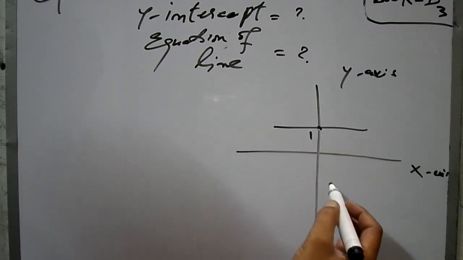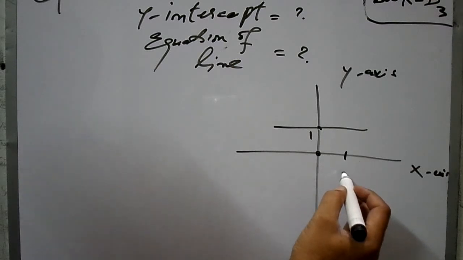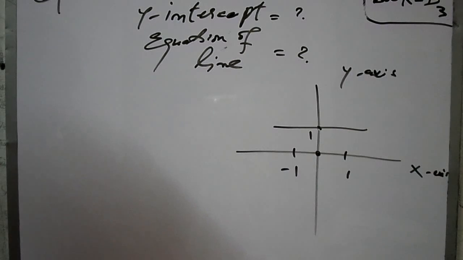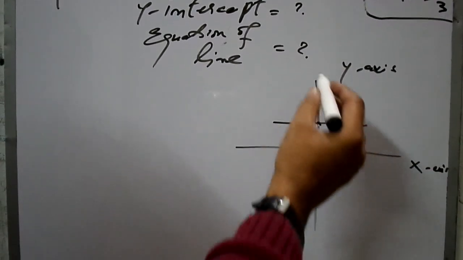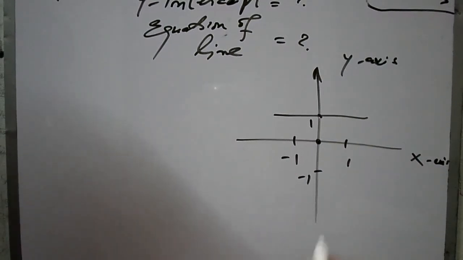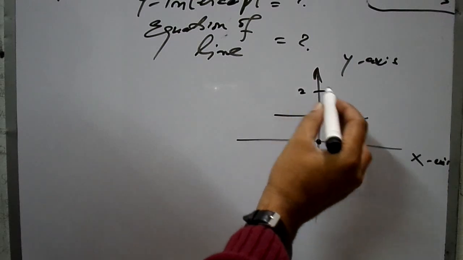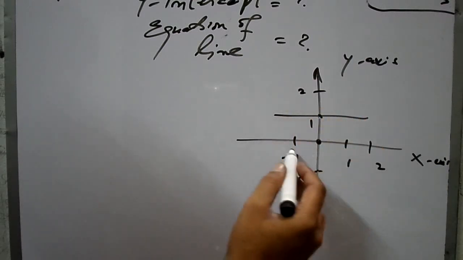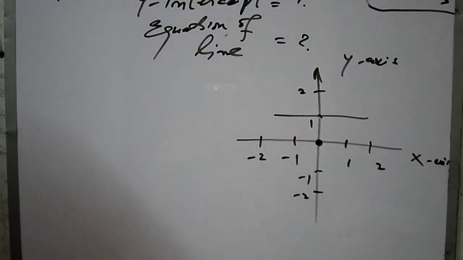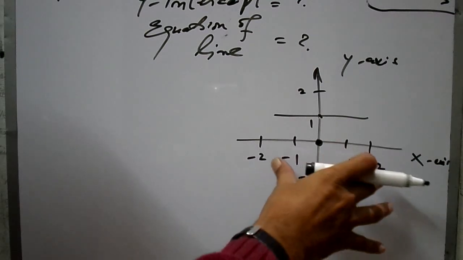That is the center, and on the y-axis we have +1 and -1. These are the points. Suppose it is -2 and +2 on the x-axis. So these are the x and y coordinate axes, the Cartesian axes.